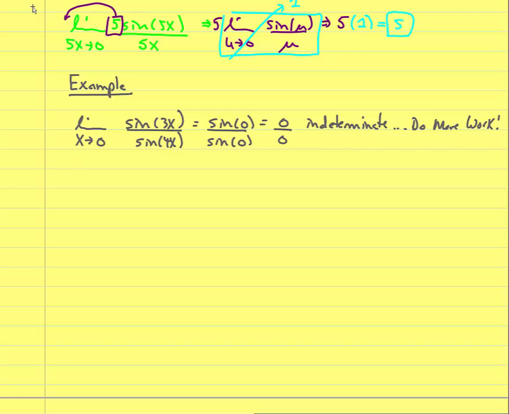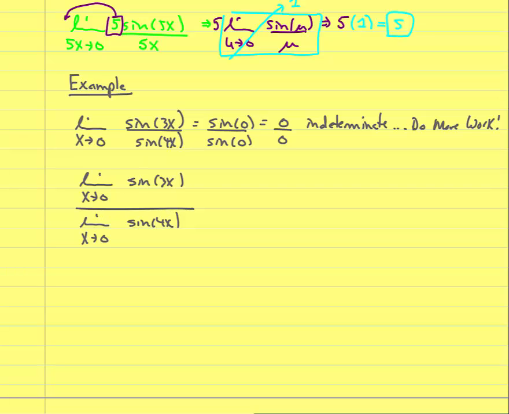So we can look here and we can see that I could split this up into two different pieces if I wanted to. I could look at the limit as x approaches 0 of the sine of 3x all over the limit as x approaches 0 of the sine of 4x. Now as we look at this, remember the limit of a quotient is the quotient of the limits.